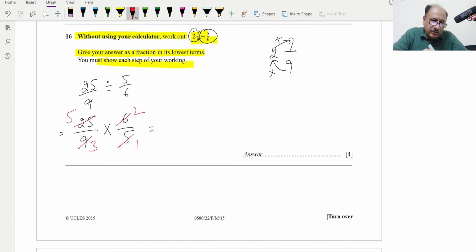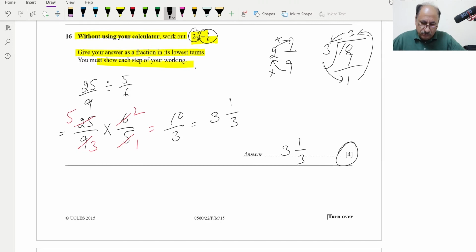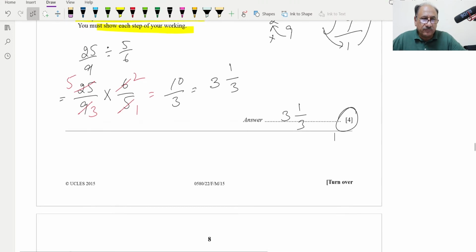Now we can multiply 5 into 2 will be 10, 10 divided by 3, and now we can divide 10 by 3, 3 3s are 9 and 1, so this will be equal to 3 whole 1 over 3, and 3 whole 1 over 3 will be the final answer. 4 marks. It's a very easy question. Hopefully you understood each and everything.